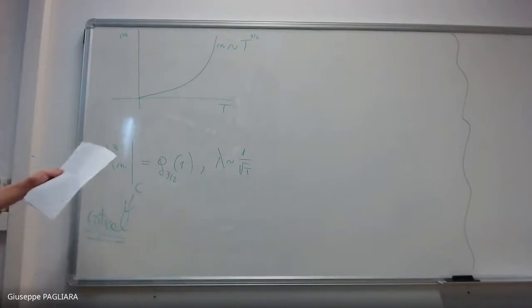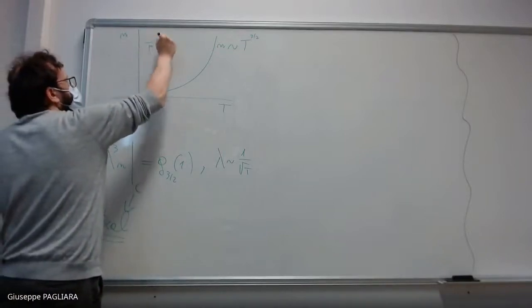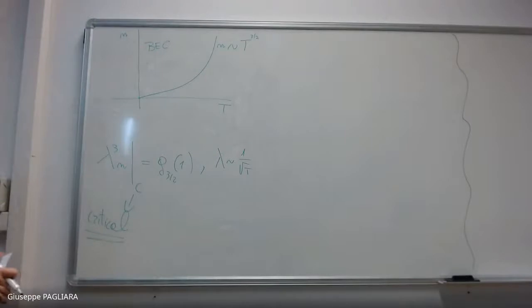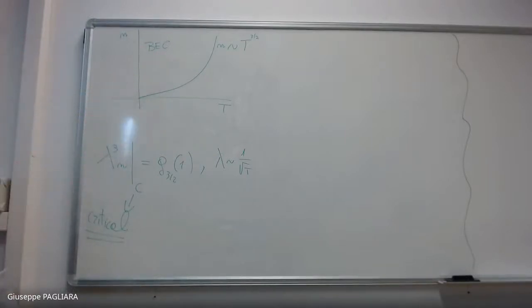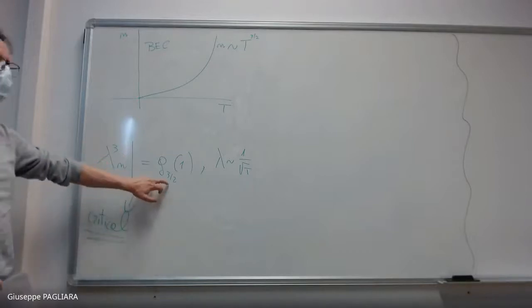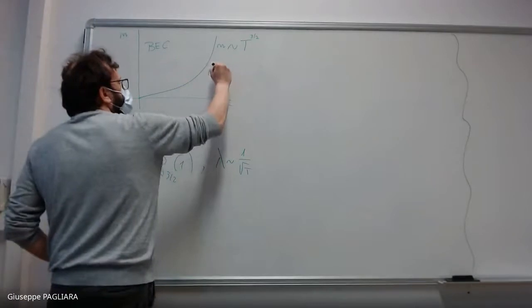Now, here there is the BEC, because in this region, this number lambda cubed n is larger than this, whereas here this is the normal phase.